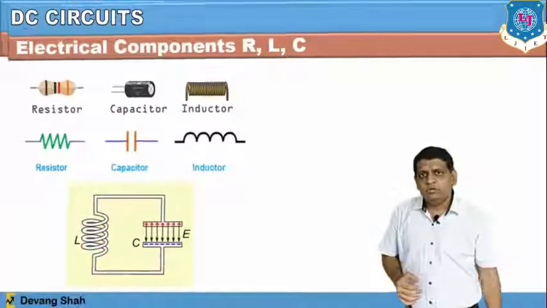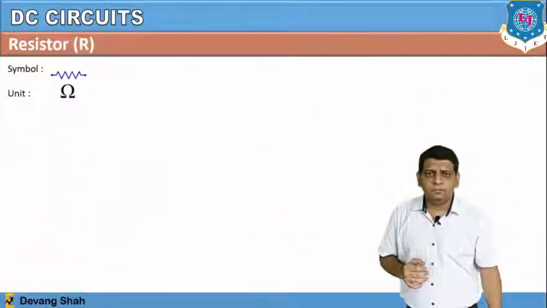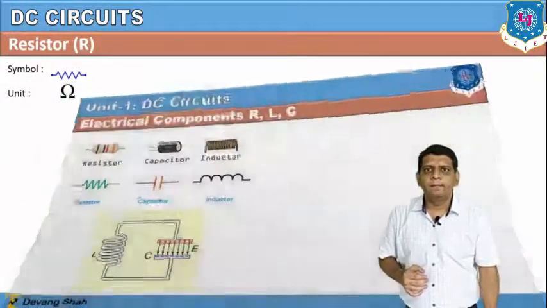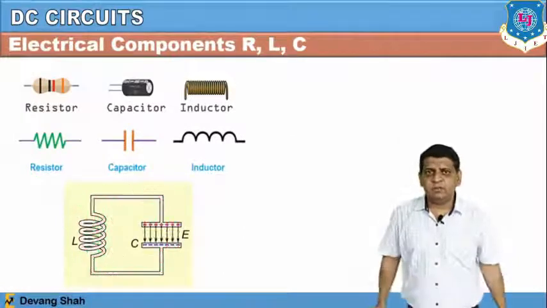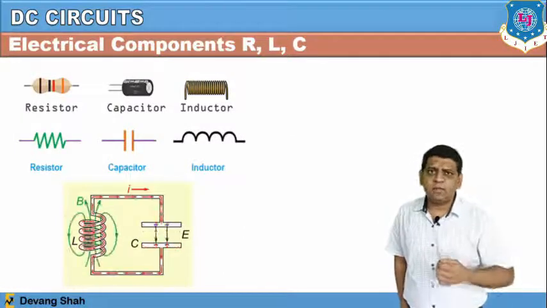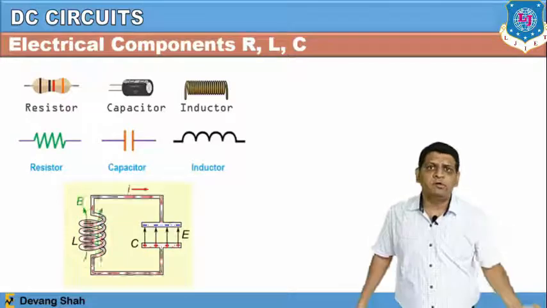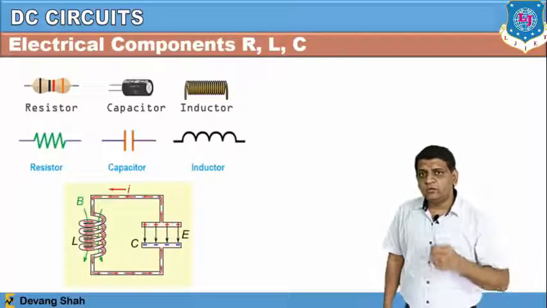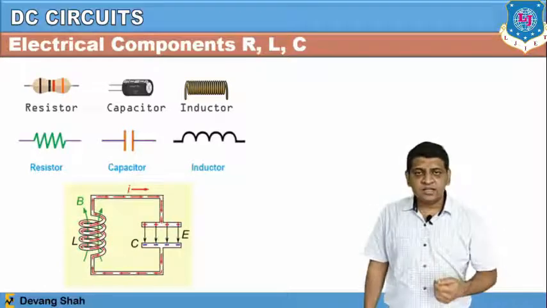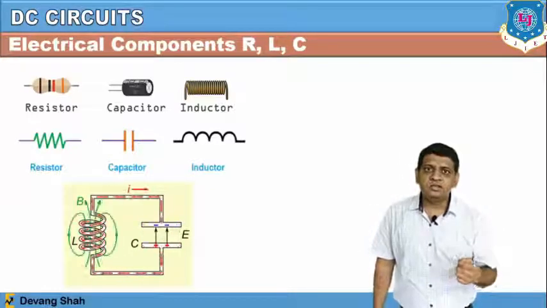Resistance is a passive element. Once you apply a voltage, it will simply drop the voltage, but this is not the case with inductor and capacitor. Once you apply the voltage to an inductor or capacitor, it has a phenomenon to charge and discharge.